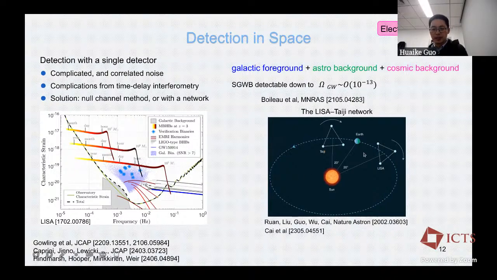Of course, it depends on the coordination of the different collaborations. So far, based on this scenario and with realistic consideration of the sources, for example, the foreground and astrophysical background, we can probably detect the stochastic background of cosmological origin down to 10^-13 if we speak about omega.